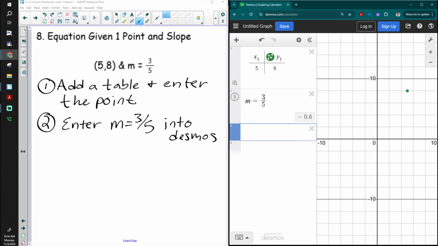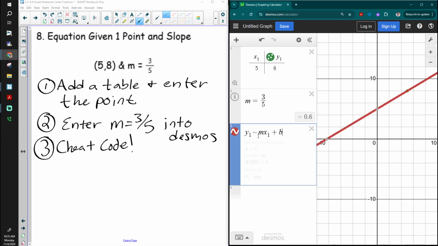Now we can add the cheat code. Cheat code, y1 squiggly mx1 plus b. We're given our b right here. b equals 5.